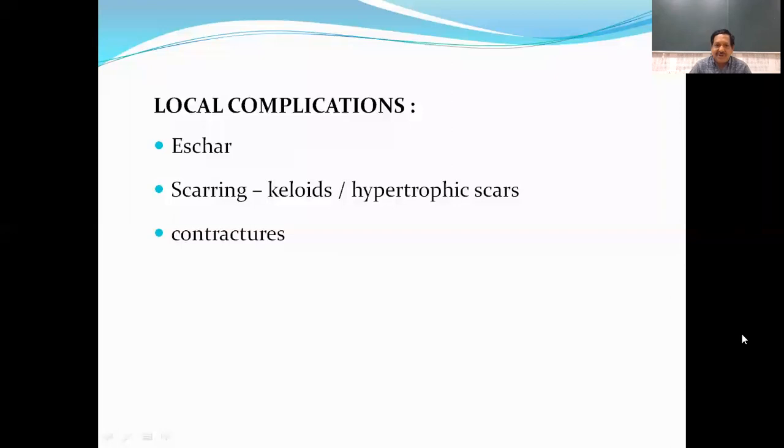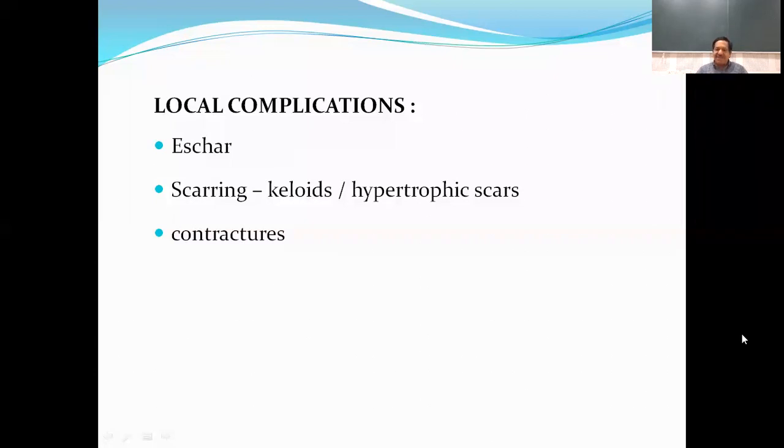You know what is Marjolin's ulcer? Read in pathology. Marjolin's cancer is classically described in a burn scar. Marjolin is from France. He described these Marjolin's ulcers long back. Contractions can occur. In any wound, contraction is physiological wound contraction, whereas wound contractures are pathological.